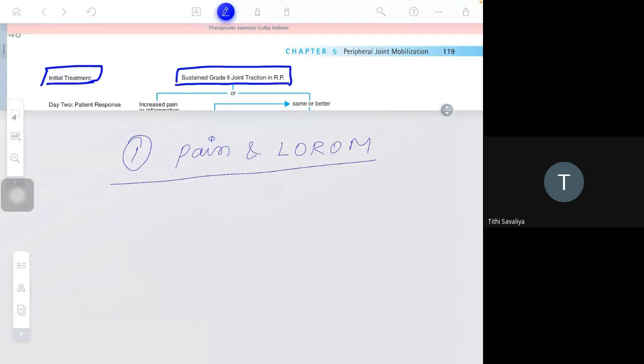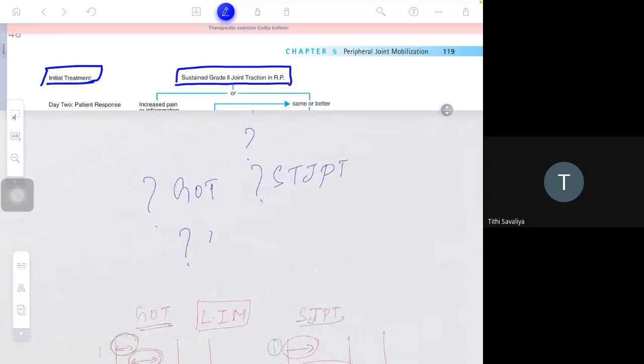What will you do first? How will you start? Which grade will you select? Which technique will you use? You will use graded oscillatory technique or sustained translatory joint play technique. Which technique will you select and which grade will you select? So this is the question.